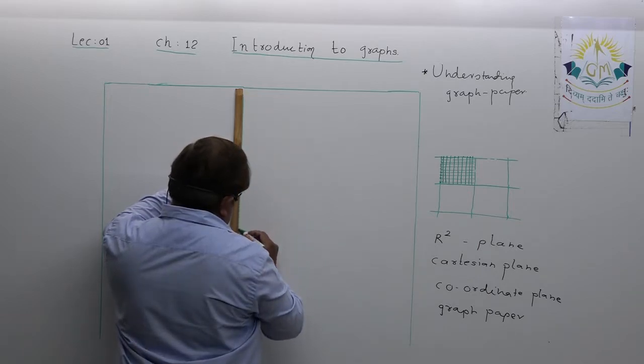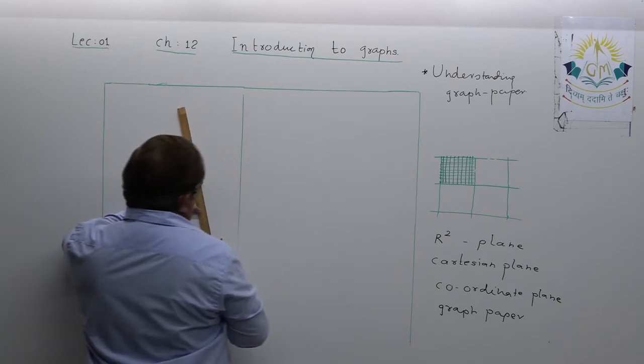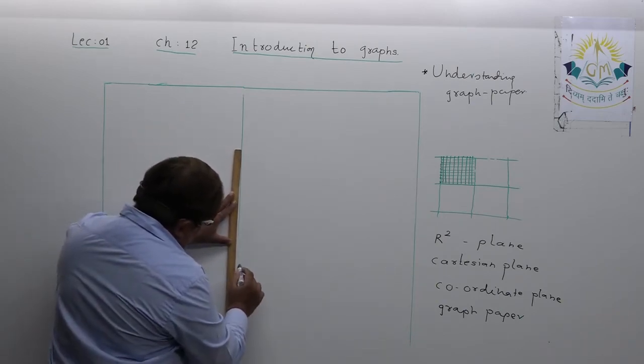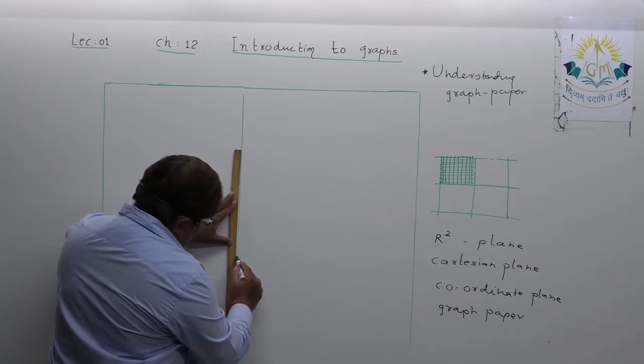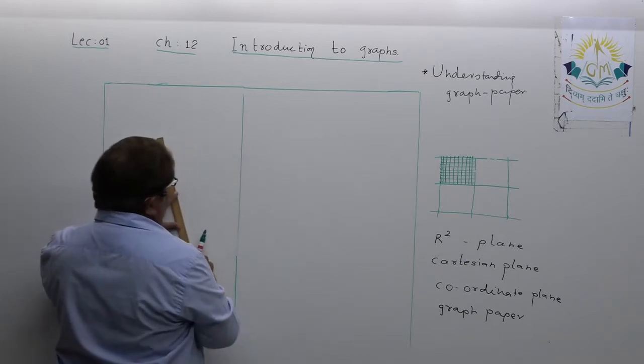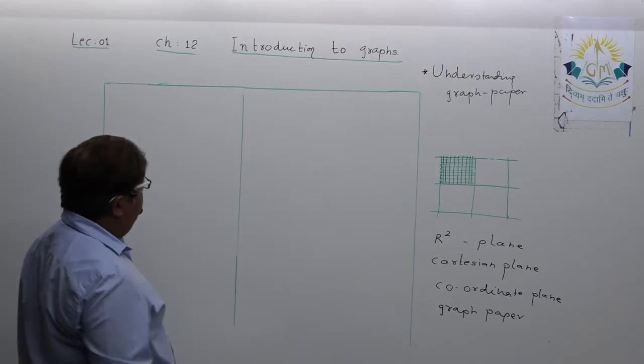Okay, you are drawing on your graph paper, so you will have a lot of comfort. Here I am drawing on the board, so it becomes a little difficult for me. Right, one horizontal line.